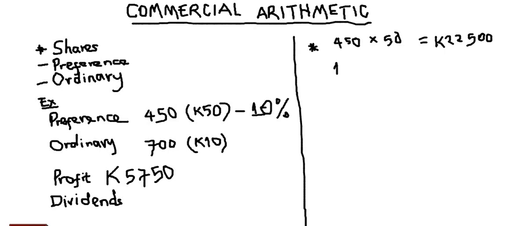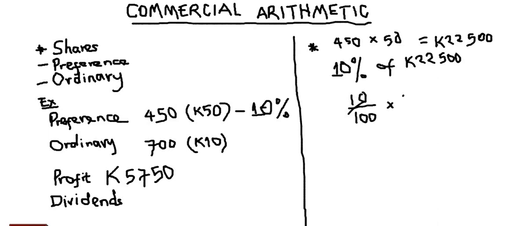Now, the preference value is 10%, which means each share is 10% of this contribution. 10% of 22,500, and that means 10 over 100 of 22,500.